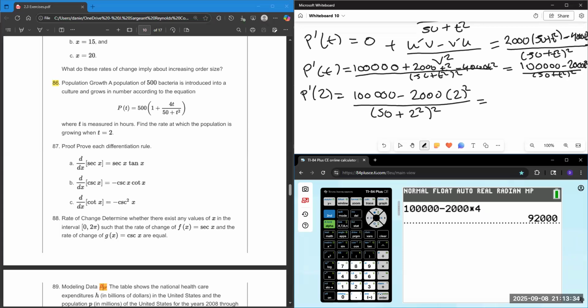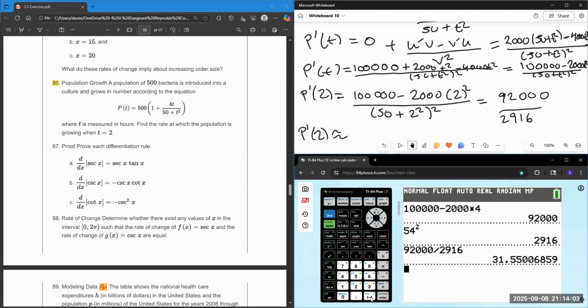It's 92,000 over 54 squared, which is 2916. P prime of 2 is approximately 92,000 divided by 2916. And I'm going to round to the nearest hundredth here.